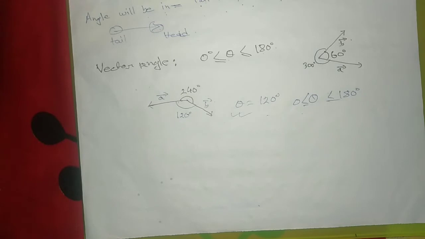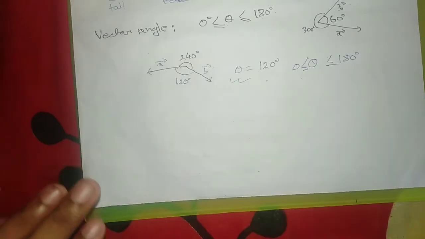If you see carefully, for this vector theta is always less than or equal to 180 degrees, that means 120 degrees. So the 120 degree part will be the vector angle. Okay, it is very simple.